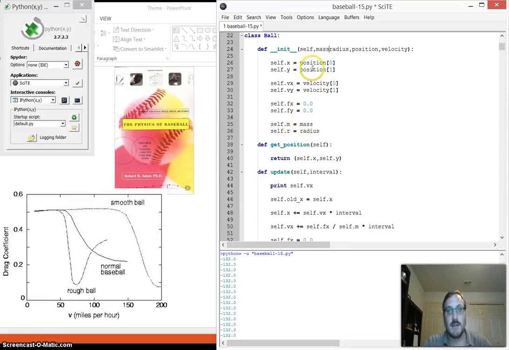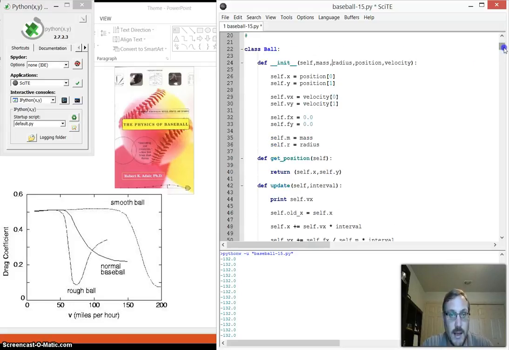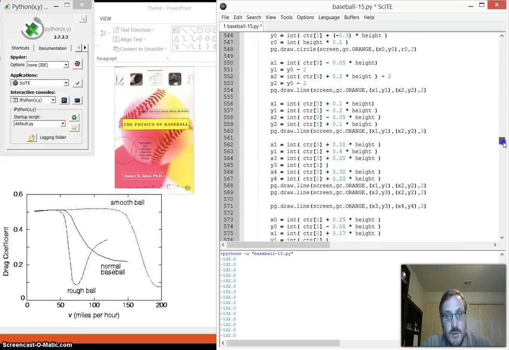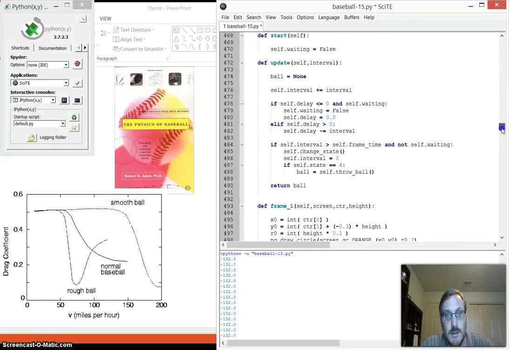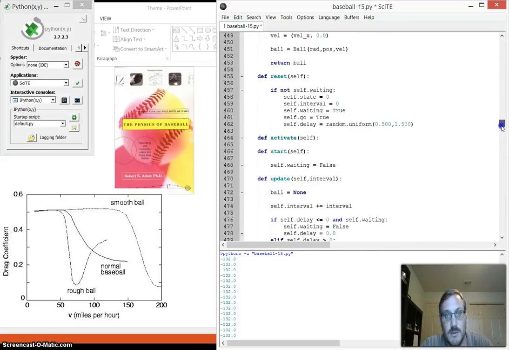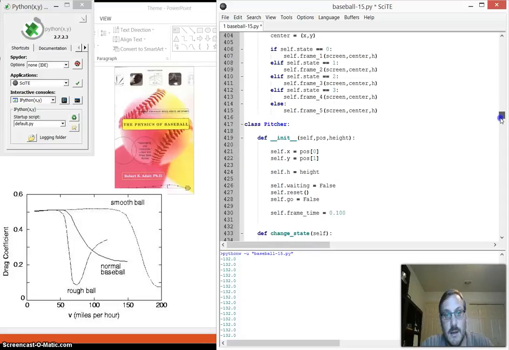We're going to have to send a mass in as well when we initialize this ball. So that is going to require a small change elsewhere. So actually, I guess I'll go ahead and make sure that when the pitcher pitches the ball, is this the pitcher or is this the batter? That is the pitcher.